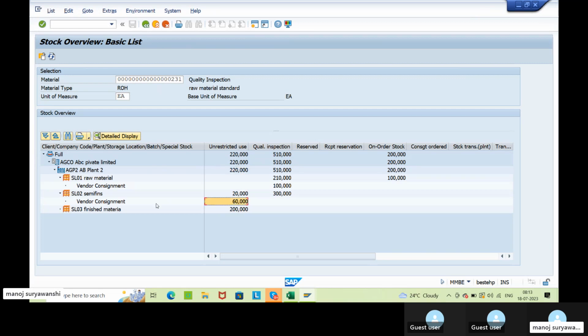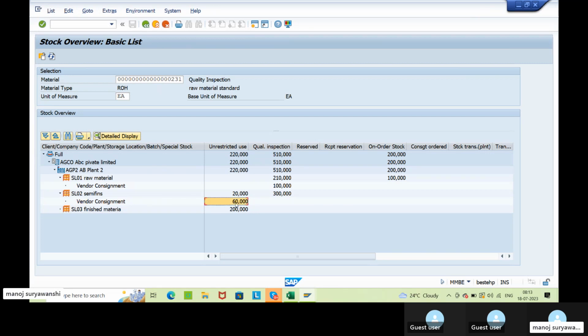These 60 quantities which are available in vendor consignment stock are not owned by us. This is owned by vendor. That's the reason this 60 is not added here at plant level stock. Total is 200 plus 20 plus 60, 280. But these 60 quantities are not considered because this is owned by vendor and this stock is vendor consignment stock.